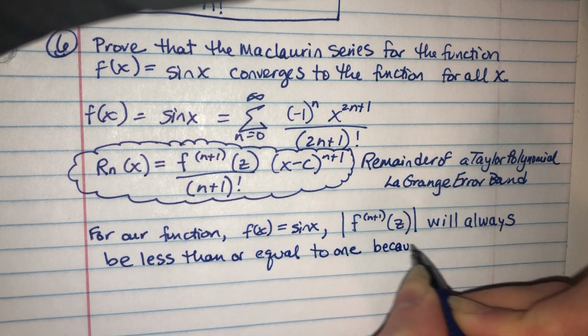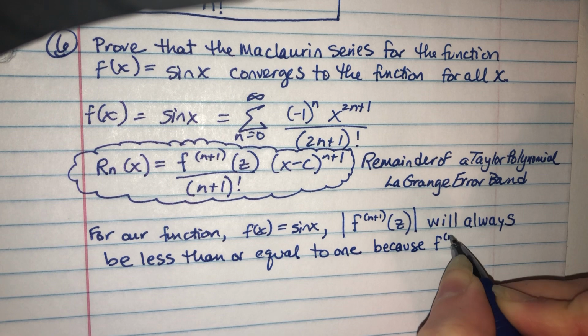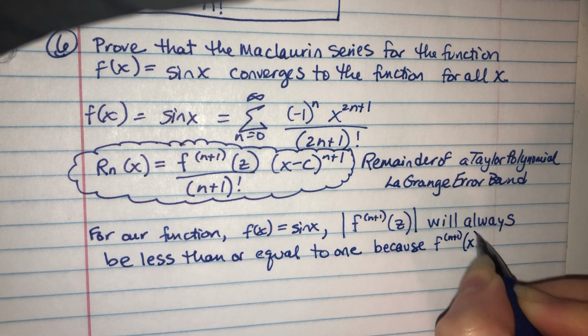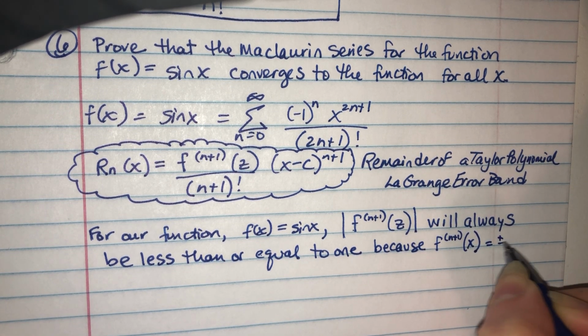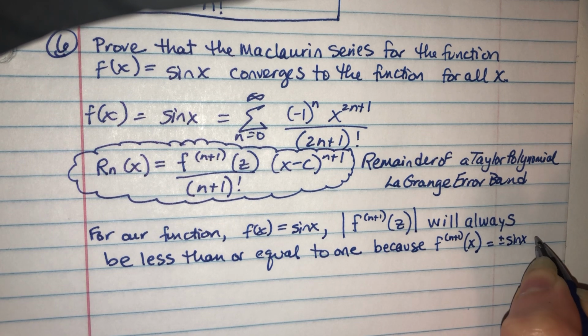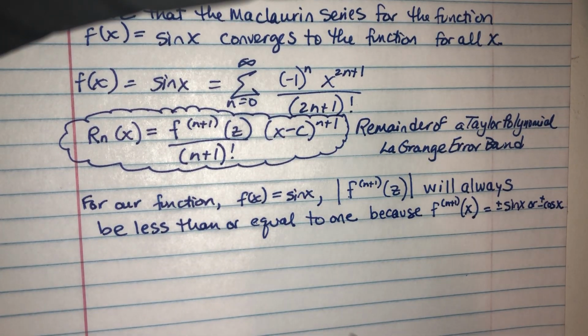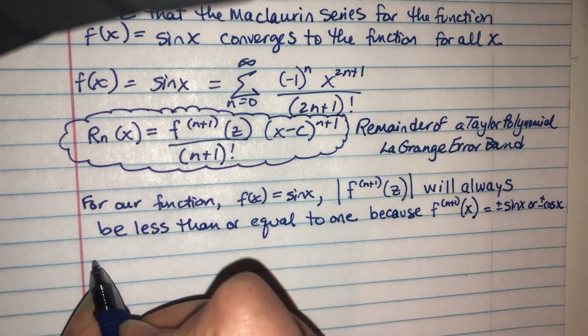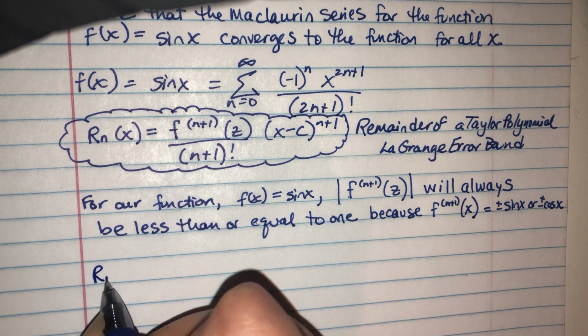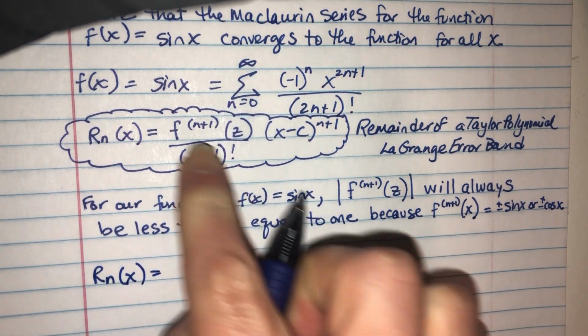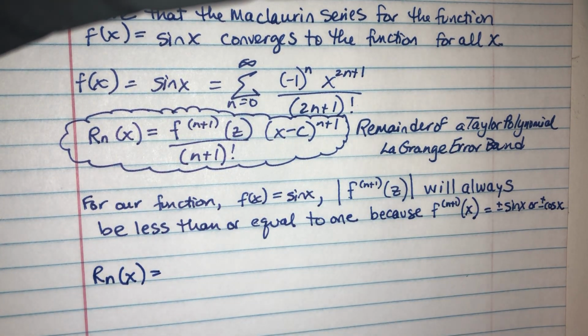because the nth derivative of x will always be either plus or minus the sine of x or plus or minus the cosine of x. So when we do the remainder, we always want to choose the biggest value this could possibly be.